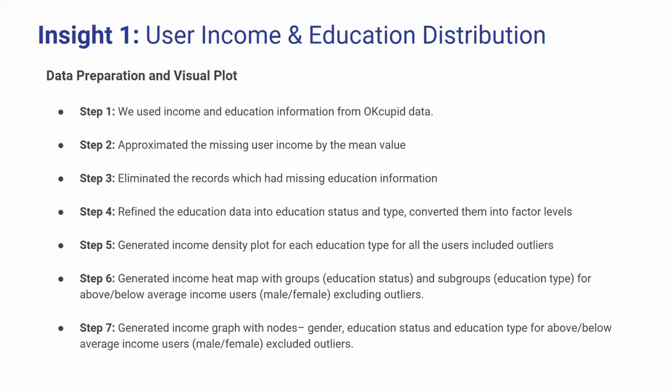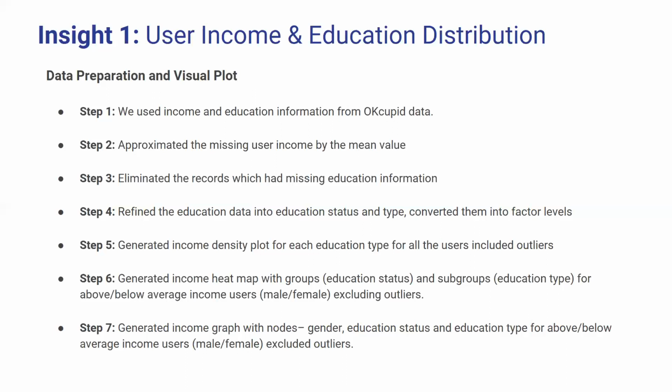This is the imputation that Marina was talking about earlier, and eventually we removed some records which had some missing categorical information which we could not impute. Finally, we refined the education and the education status information from a single column to multiple columns, and we converted them into factor level information so that we can use it for the analysis.